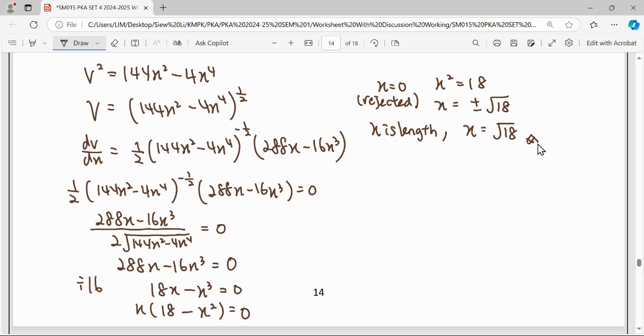Alright. So after you get critical number, the next step is you need to do test. You want to use first derivative test or second derivative test? If you want to do second derivative test, you need to differentiate again.